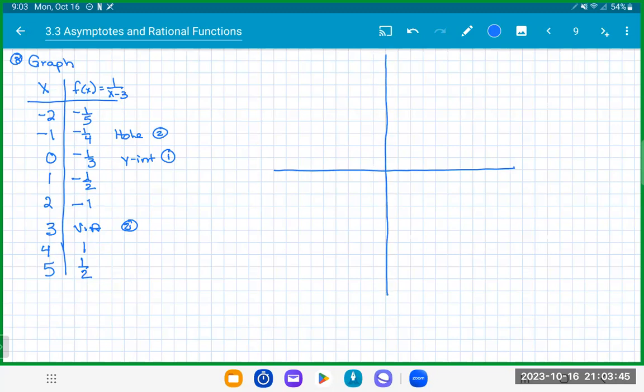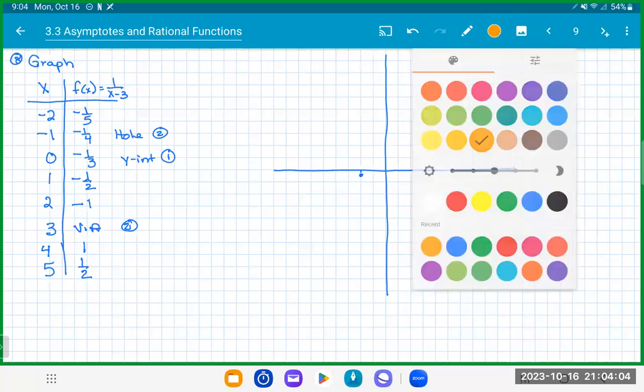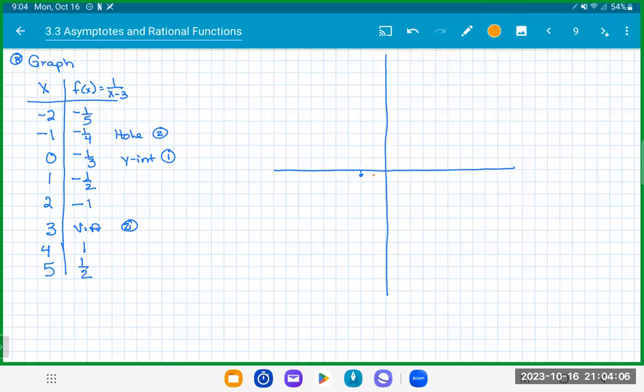Okay. So I'm just going to plot them in here. So I have -2 and -1/5. I have a point about right here. I have another point, -1, -1/4. That's where I have this hole, so that's a hollow dot.